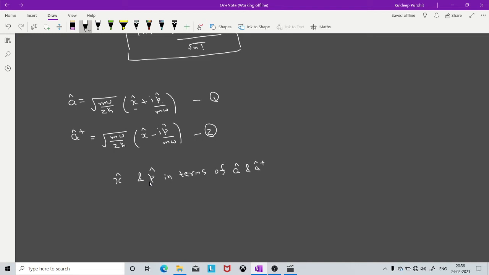Okay, so what you have to do is add it and once subtract it, so you will get the value of x and the value of p.